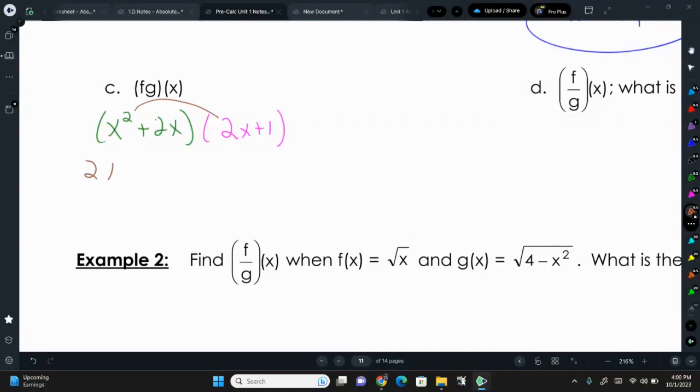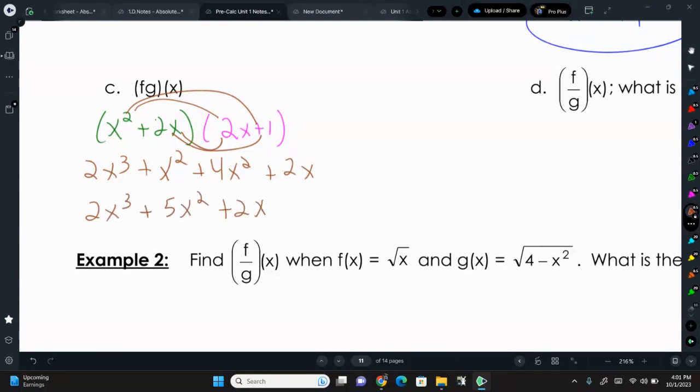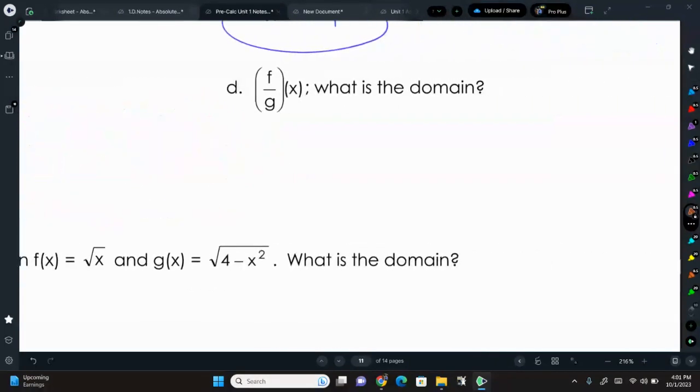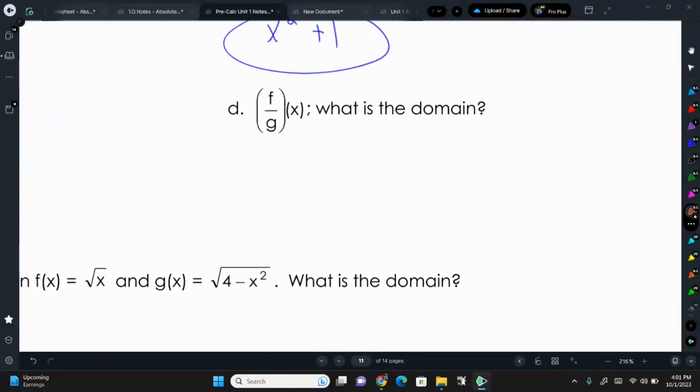So we have 2x to the third plus x squared plus 4x squared plus 2x. And then we'll combine our like terms: 2x to the third plus 5x squared plus 2x. So far it hasn't been difficult. Let's look at the last one.